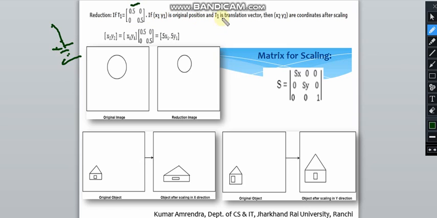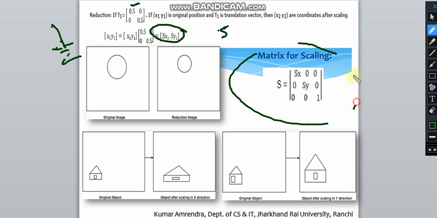If x1 y1 is the positional vector, similarly in the previous case we were multiplying it with 2 and in this case we are multiplying it with 0.5. That means we are reducing the value of the x and y coordinates to half. So this is the scaling matrix, S equal to sx 0 0, 0 sy 0, 0 0 1.